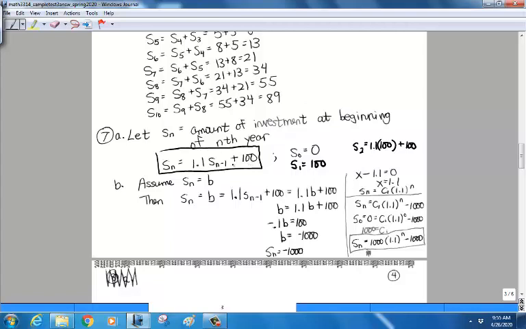First, you're going to suppose that you have a solution to the recurrence relation that is of the form of the non-homogeneous term in the recurrence relation. I want you to notice this non-homogeneous term does not involve the variable n, it is just a constant. So this is a constant value 100.